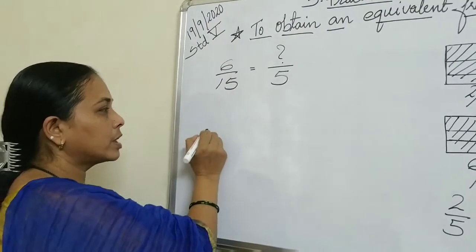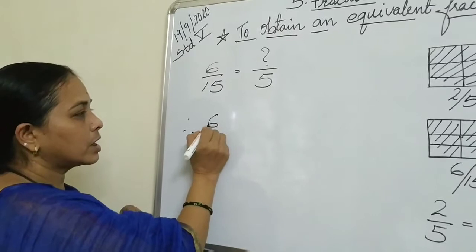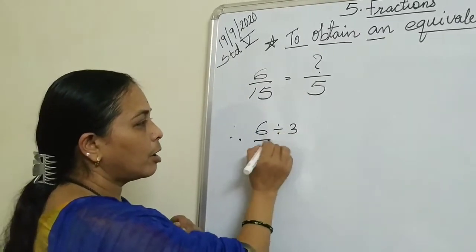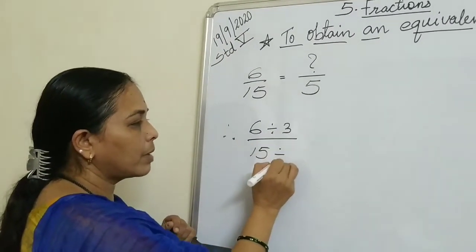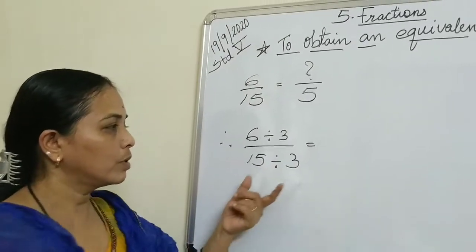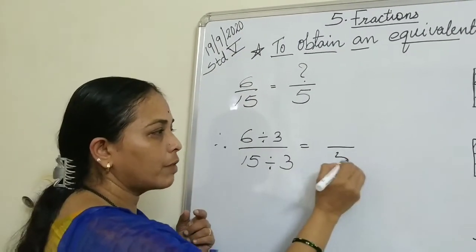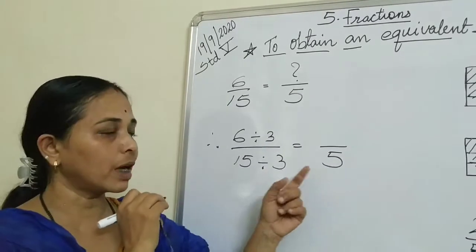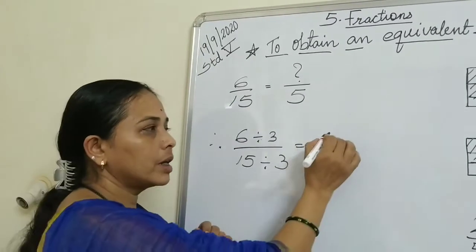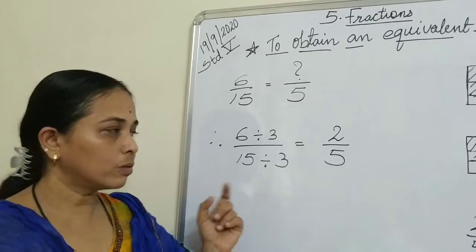So same number, it is very easy. 6 divided by 3 upon 15 divided by 3. 15 divided by 3 we have got 5. 6 divided by 3 is 2.